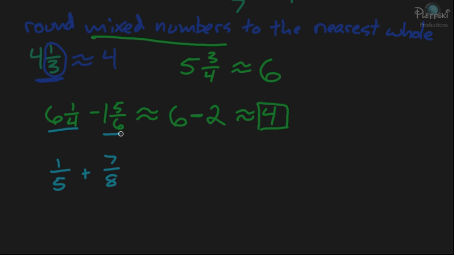But when you're just looking at a fraction, you're going to round to the nearest half. And that could be 0, it could be a whole number, it could be a half. So you'll have to make that decision. In this example, 1/5. Now that one, you could go almost any way. You could say, well, that's close to 0.